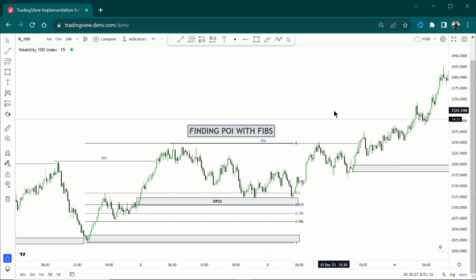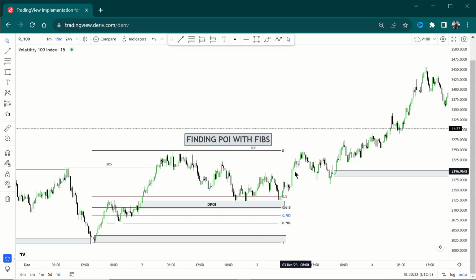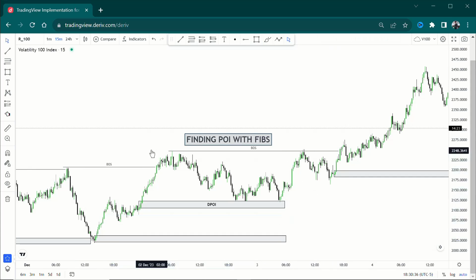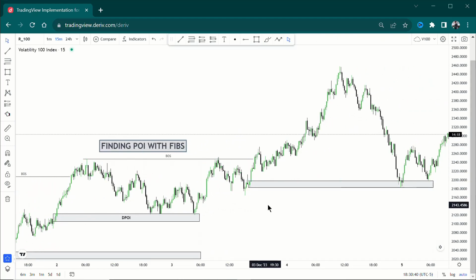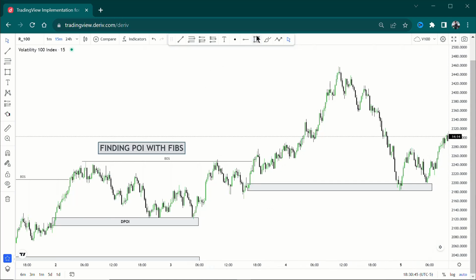So the Fibonacci, that's its use. You can use it as long as you can clearly see the break of structure. Let me show you. Even from here, you see the break of structure is here, and this was the last low here.